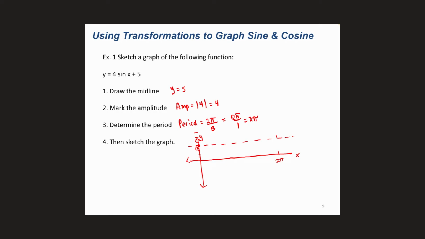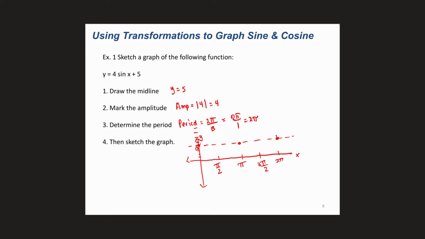So we have an intercept here. We have an intercept here. And this is 5, so it's going to have to go up. The amplitude is 4, so it's 1, 2, 3, 4. And I know that there also has to be an intercept at pi. I know that the highest point is at pi over 2, and the lowest point is at 3 pi over 2.